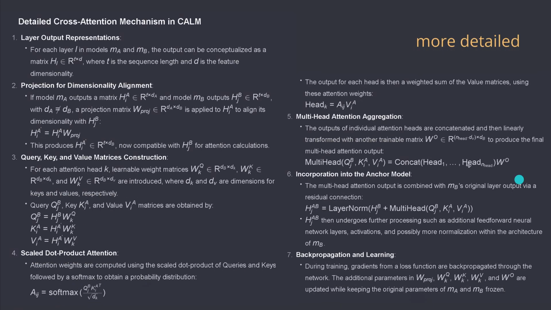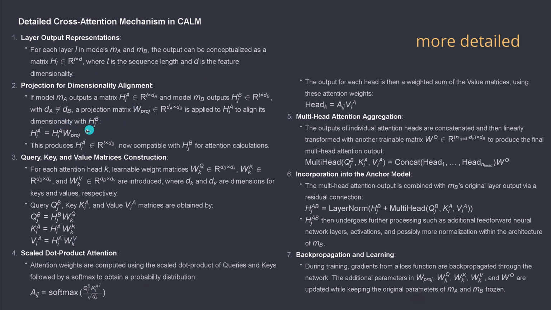If you want to have a little bit more detailed dive, it is absolutely the same topic. We calculate the cross-attention mechanism in CALM, in our composed augmented language model. But here you have a little bit more of the dimensionality that we are operating with. So for each layer L in the model A and B, you know this, then we have the projection. Beautiful.